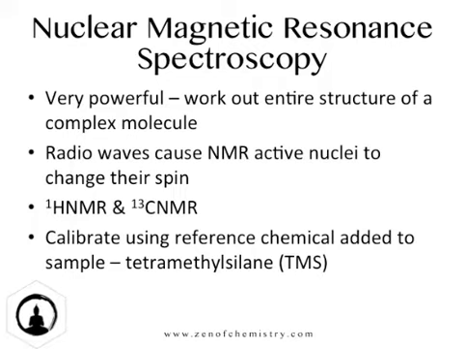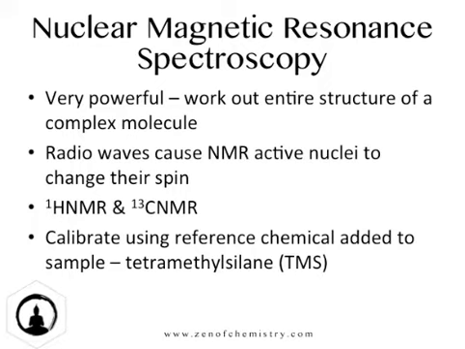The way it works is radio waves are shone onto your sample, and they cause NMR active nuclei to change their spin. When I say NMR active nuclei, they are particular types of atoms that are able to absorb radio waves and hence change their spin.